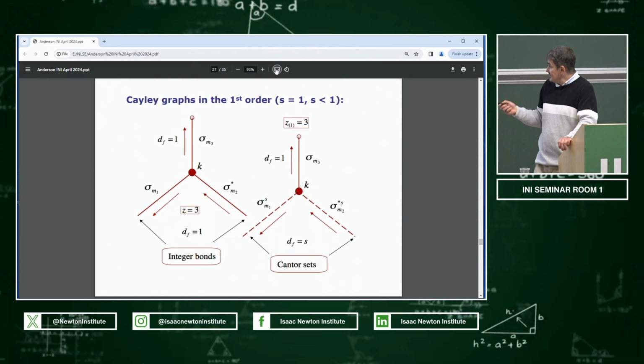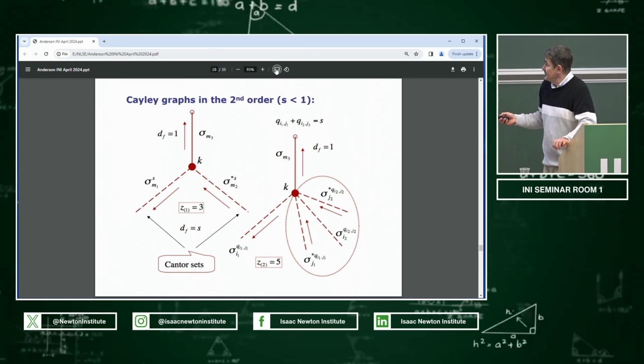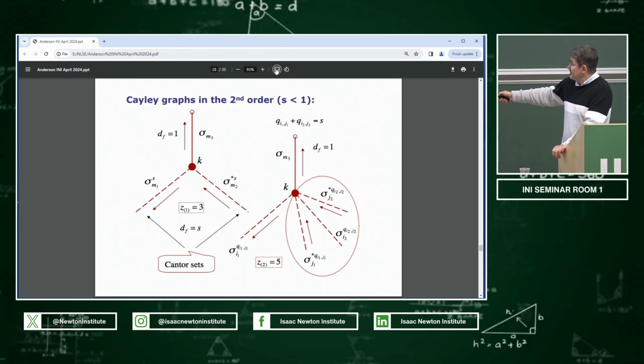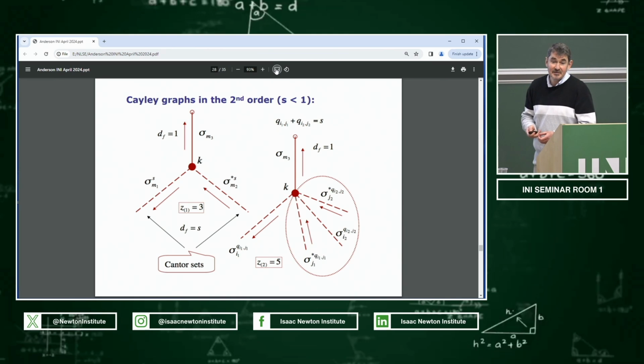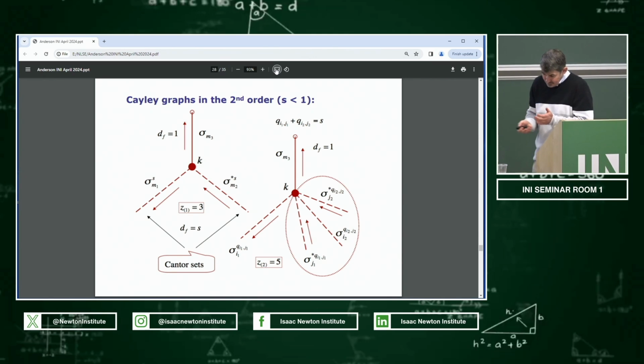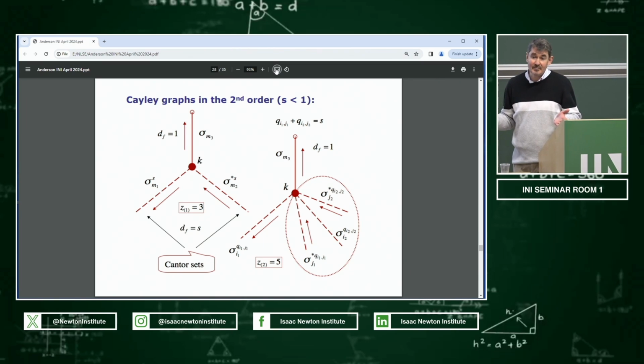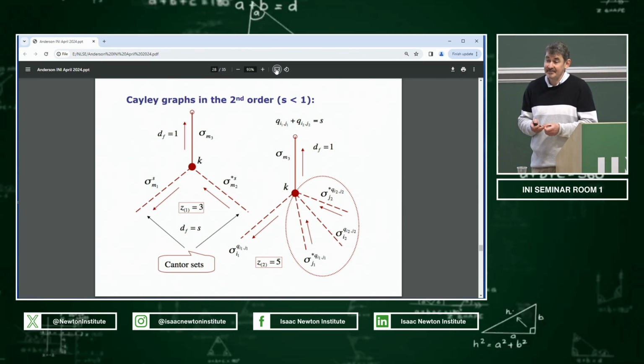Then in second order, we get again a Cayley graph, but the Cayley graph will have 5 nodes and not 3 nodes. And each of these nodes will also be disrupted. So again, at first glance, it looks like their being disrupted prevents the field from spreading to infinite distances.